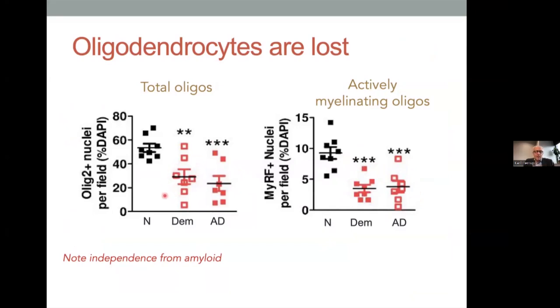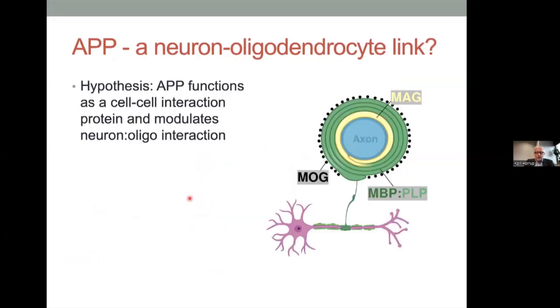Interestingly, even in individuals who have dementia but no amyloid plaque deposits, you still see a reduction. So it's correlating with dementia, not necessarily with the presence of plaques.